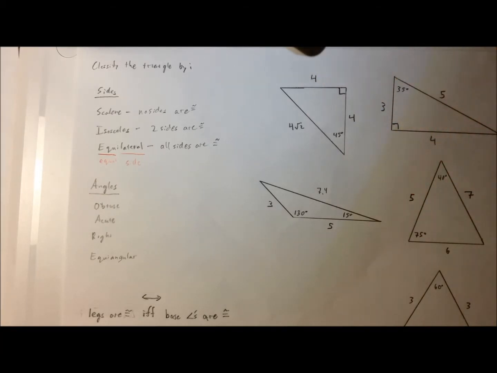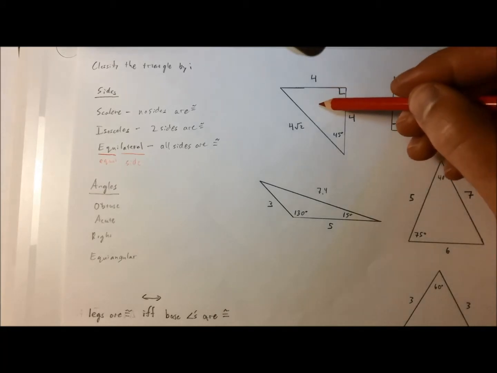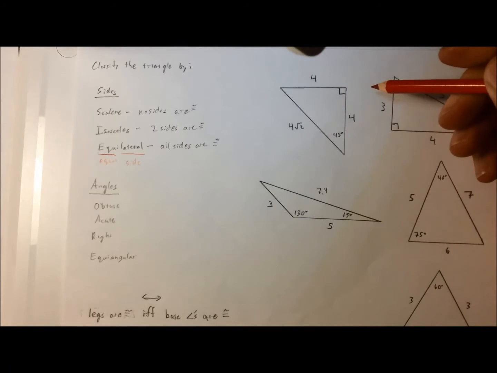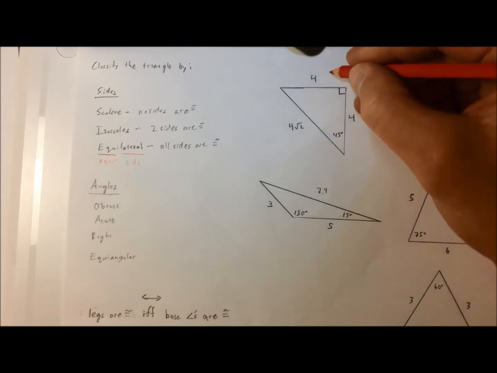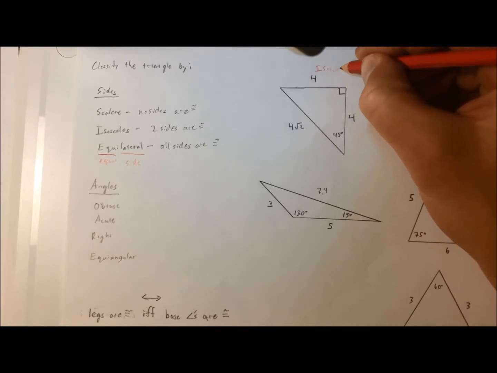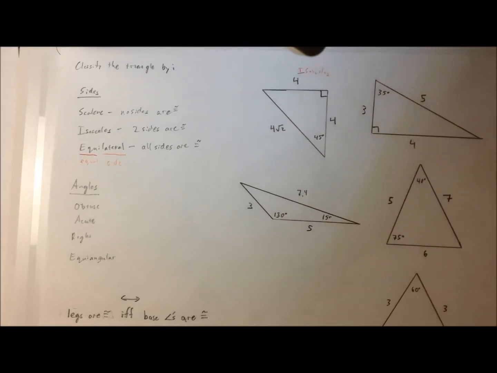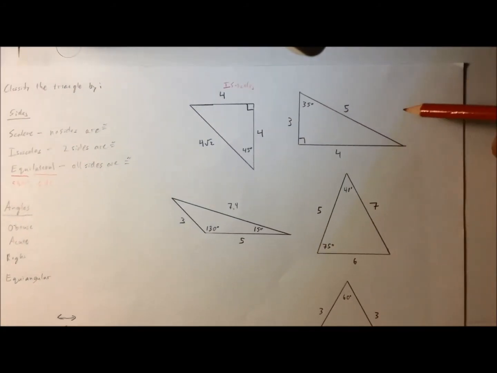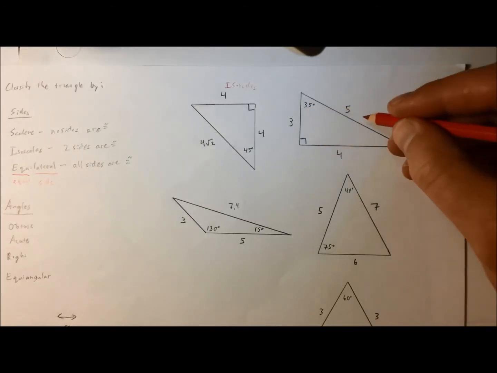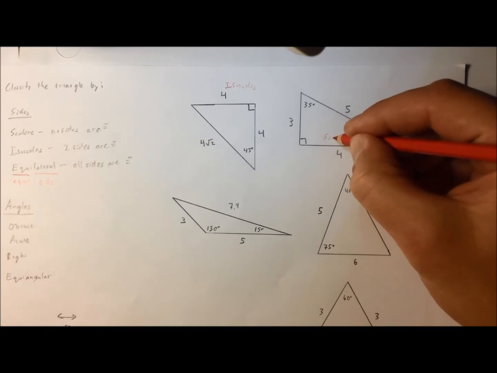How can we classify them? The first one we have right here, there are two sides here that are congruent. So that is going to be an isosceles triangle. If you look at this triangle right here, we have no sides that are the same, so this is going to be scalene.